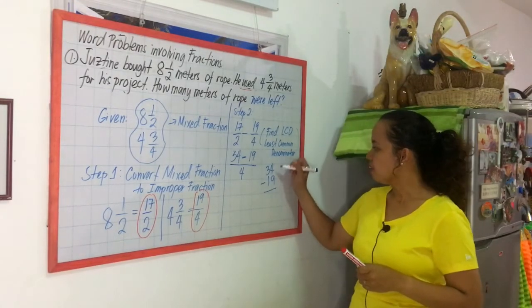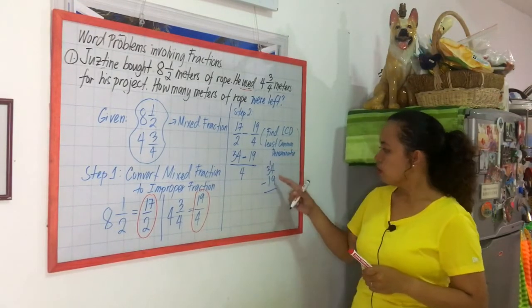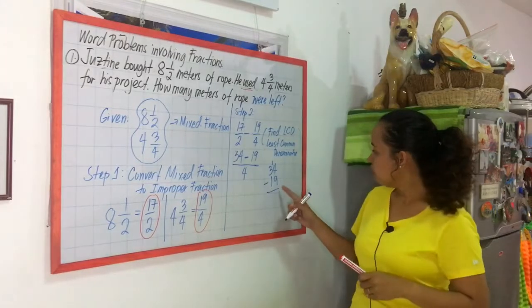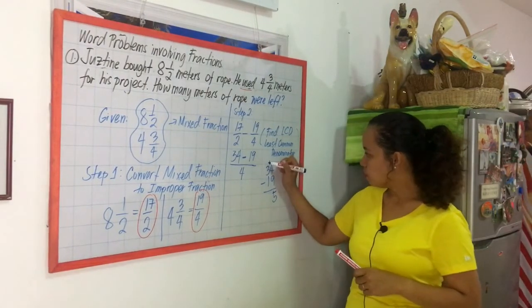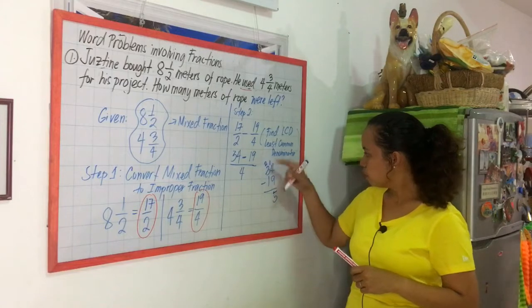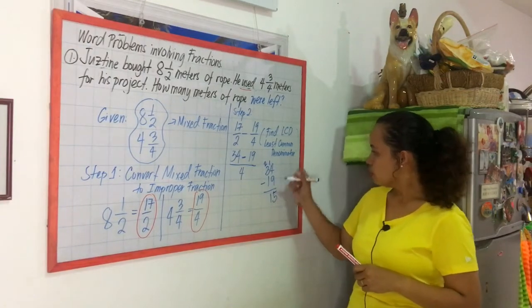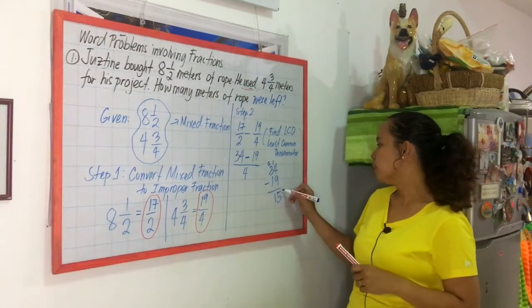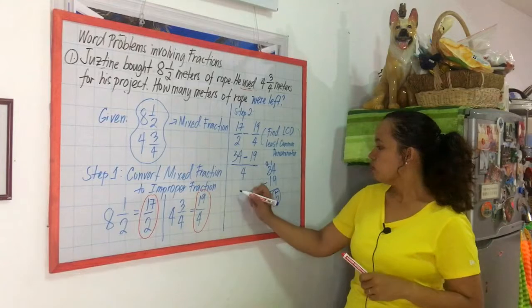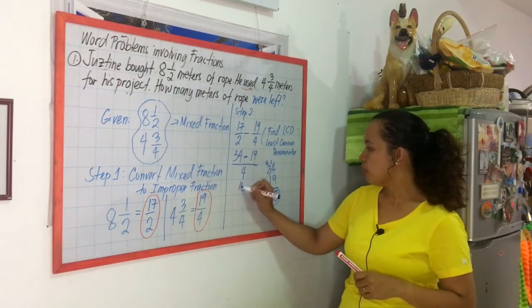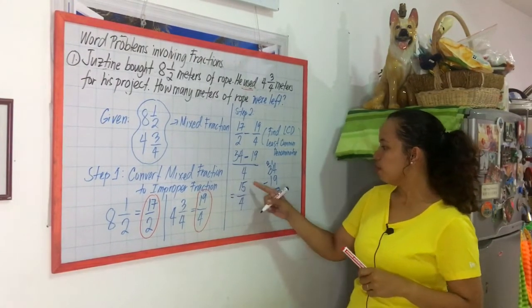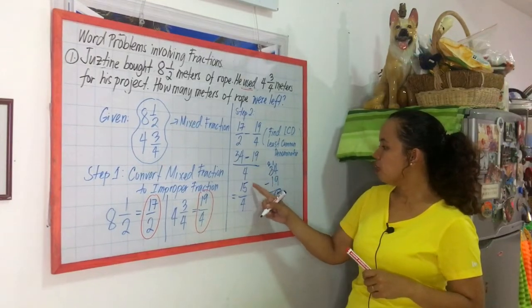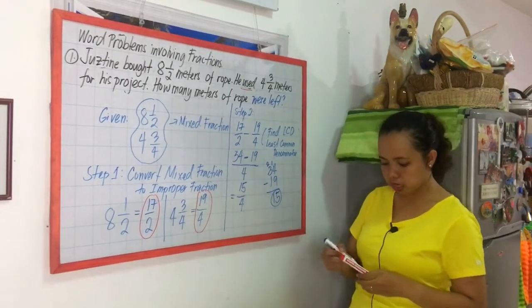Since 9 is greater, we can borrow 1. 14 minus 9 is 5. This will be 2. 2 minus 1 is 1. So, the answer is 15. We can write this down as 15 over 4. Copy lang natin yung denominator na 4.